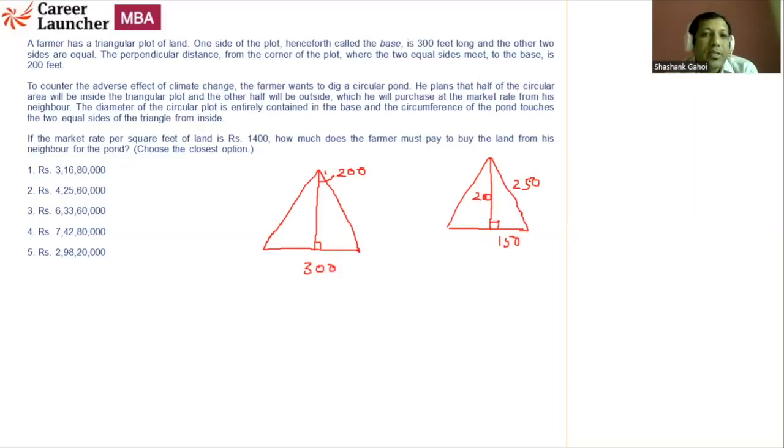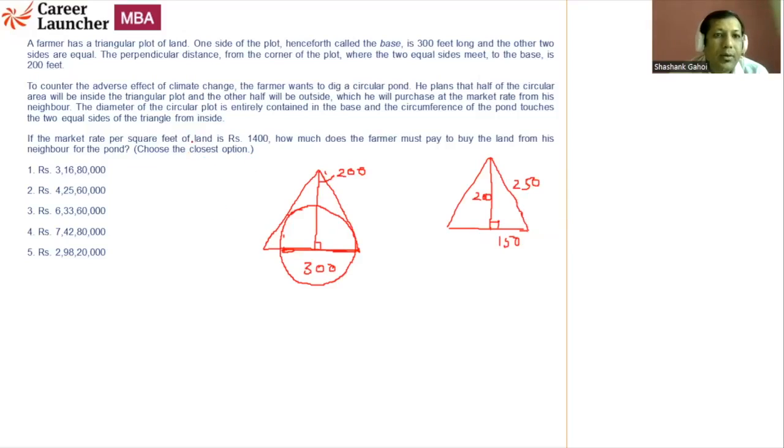The diameter of the circular pond is entirely contained in the base, and the circumference of the pond touches the two equal sides of the triangle. So if you read it carefully, the diameter lies on the base and the circumference touches the sides. We are going to have something like this.